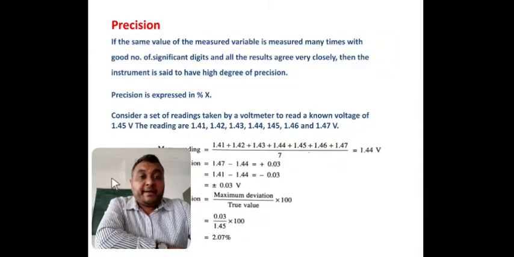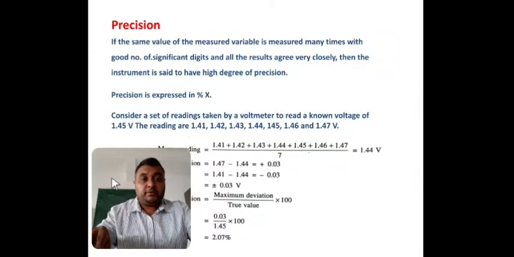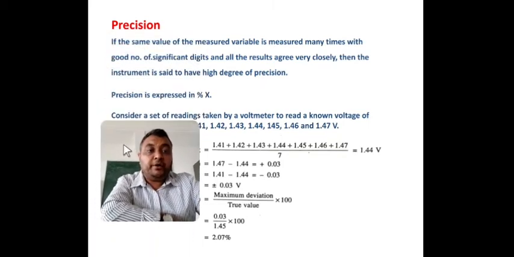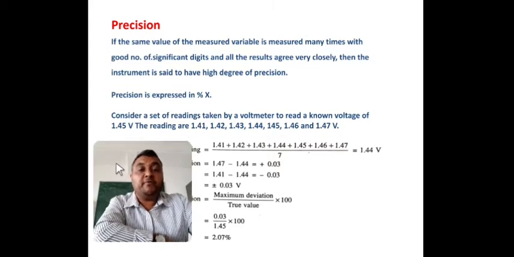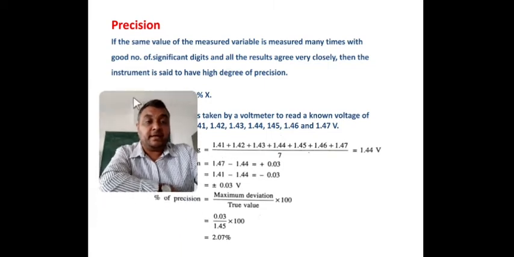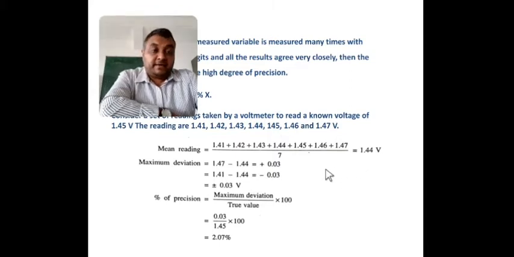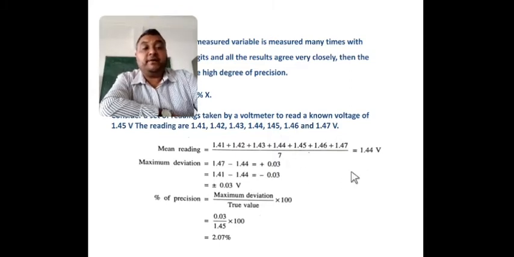So here one example is taken. Consider a set of readings taken by a voltmeter to read a known voltage of 1.45 volt, and the readings are given over here. So 7 readings have been taken here. In this way we can find the mean reading: divide by the number of times we are taking the readings, and you will find the mean reading is 1.44 volt.